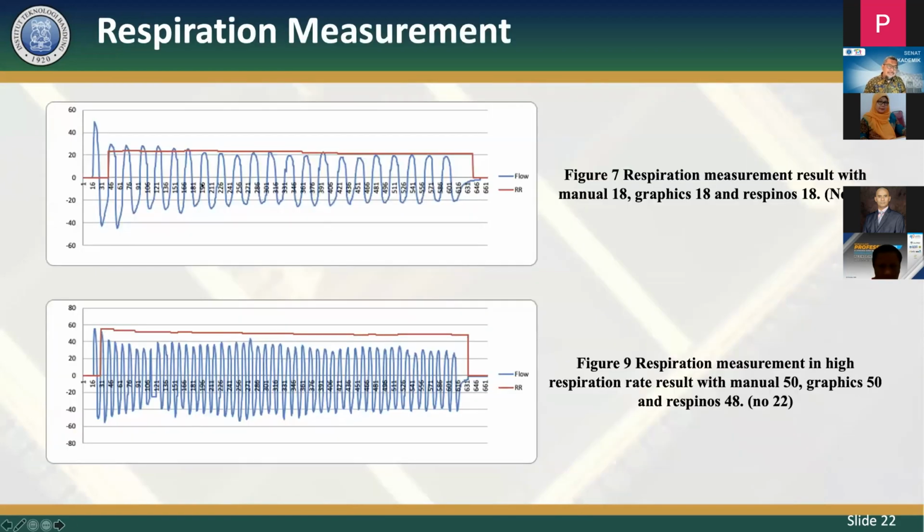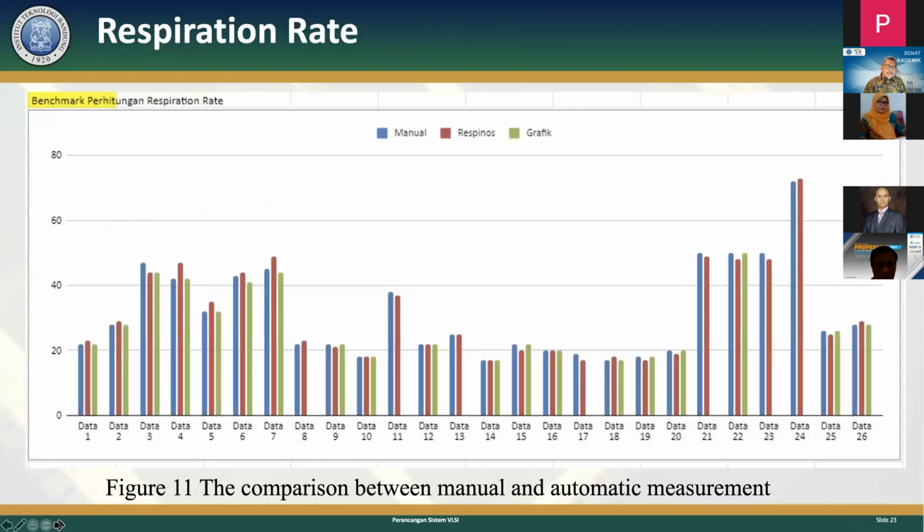And then this is our experiments, how to measure the heart rate, the respiration rate. Sometimes there is a problem that the data is not consistent, so we have to overcome these problems. And then this our benchmarking, between our device and its commercial one.